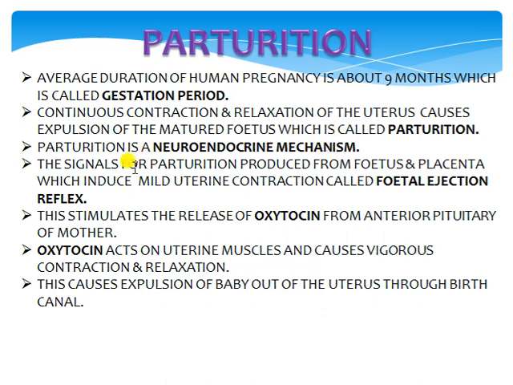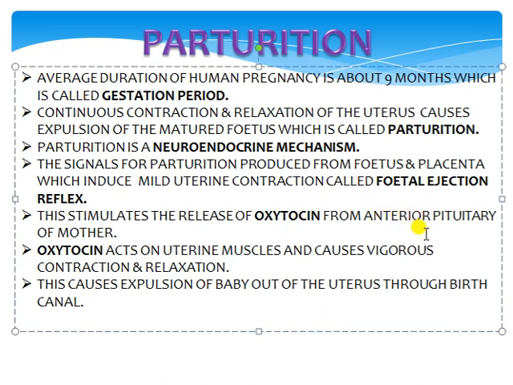How? When the fetus is totally grown, signals go from the fetus as well as from the placenta, controlling mild uterine contraction, and that is called the fetal ejection reflex. So when the fetus and placenta have totally grown, the fetal ejection reflex is sent to the brain of the mother, and it stimulates the release of oxytocin from the posterior pituitary of the mother.